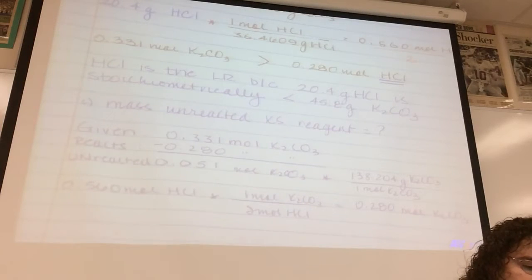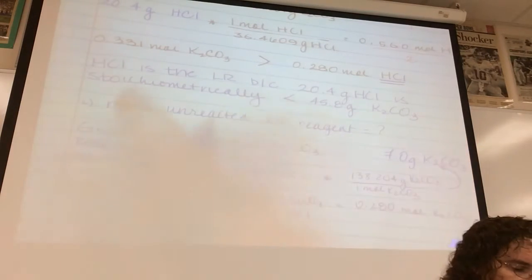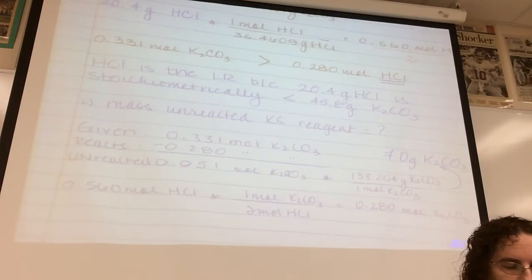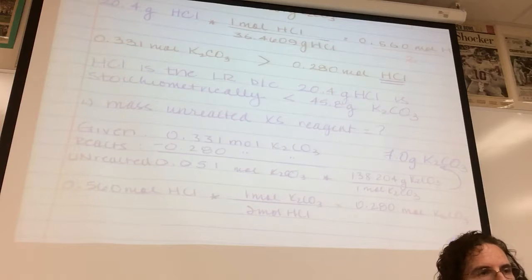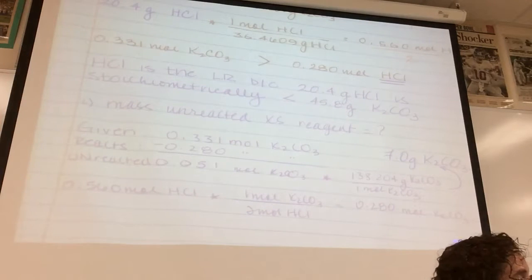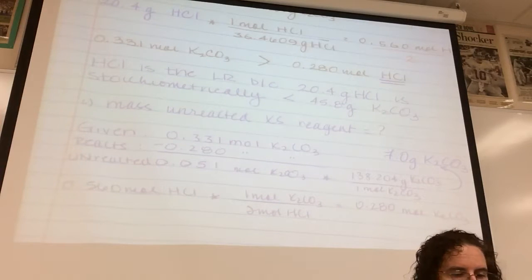You got down to 2 sig figs. I'm going to flip this over here so you can see it. 7.0 grams of potassium carbonate. And again, that would be strictly for extra credit. If you want to go back over it at the end, I'd be happy to do so. But I definitely want to be able to focus on the new piece of the puzzle today.